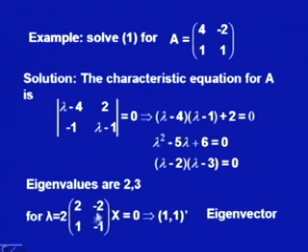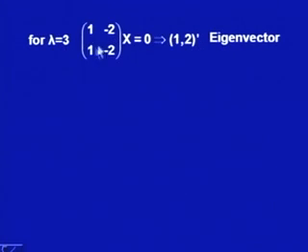For lambda equal to 2, we calculate the eigenvector by solving this equation: (2 minus 2, 1 minus 1) x equal to 0, and one can easily see that one row can be transformed to 0, and the eigenvector will be (1, 1) transpose. For lambda equal to 3, we have to solve this system (1 minus 2, 1 minus 2) x equal to 0.